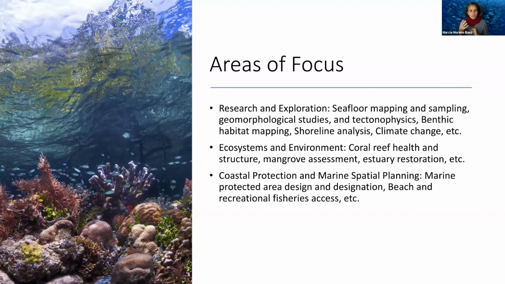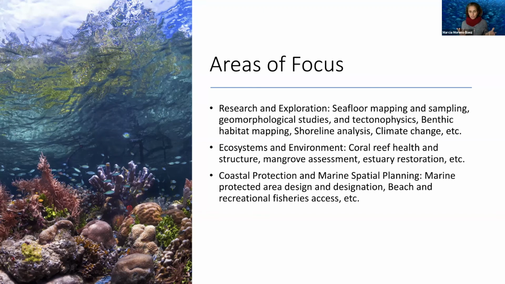The areas of focus that I can summarize quickly for you, in terms of what GIS can do for marine scientists, are research and exploration, like seafloor mapping, sampling, geomorphological studies, benthic habitat mapping, etc. Then ecosystems and environment, for example, coral reef health and structure, mangrove assessment, estuary restoration, etc.